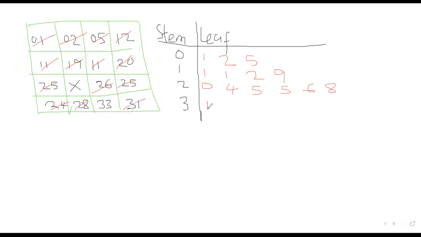On the 3s, you have 1 and 3. So how many are there in total? 1, 2, 3, 4, 5, 6, 7, 8, 9, 10, 11, 12, 13, 14, 15. Our n is what? 15.